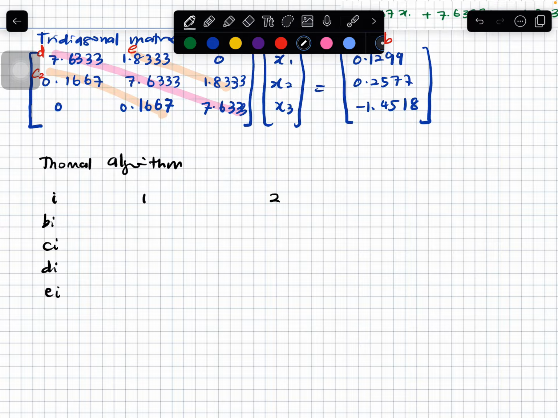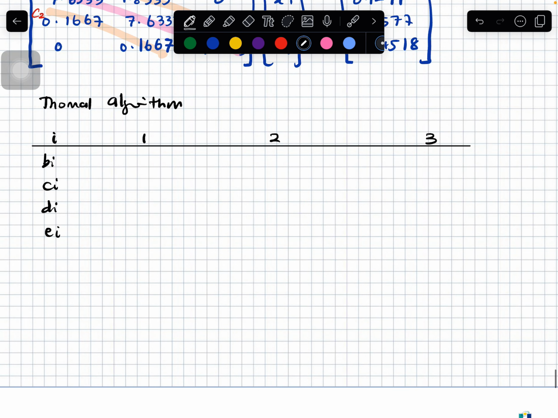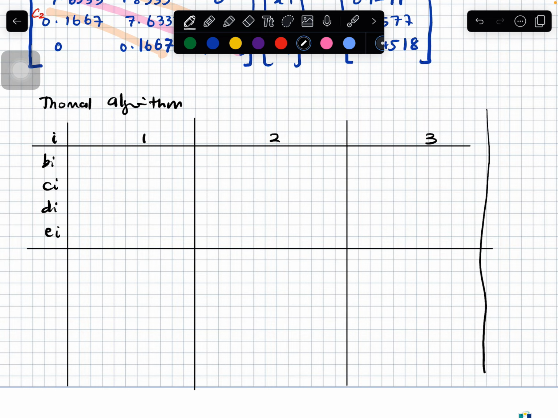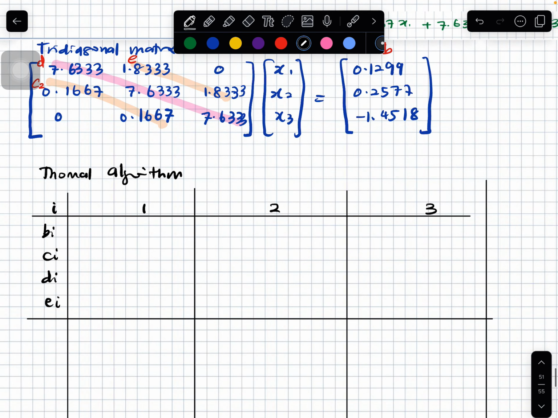So we will have 3 columns because the size of the matrix is 3 by 3. So we divide the table into 2 parts.